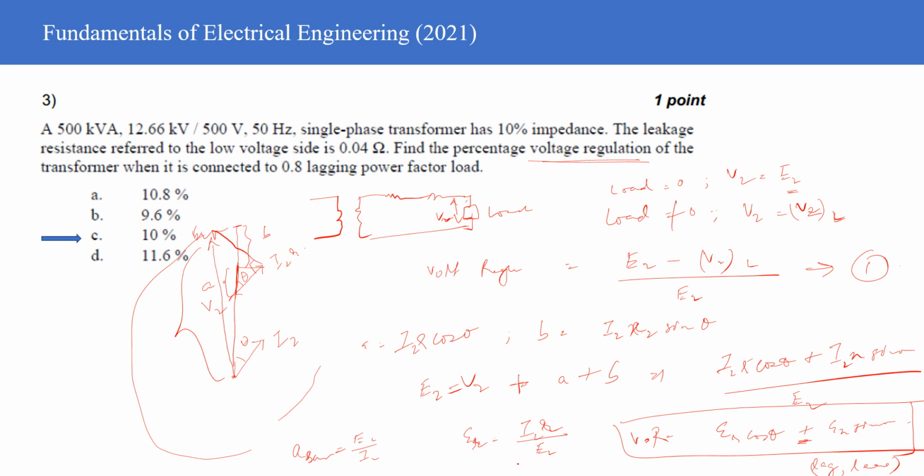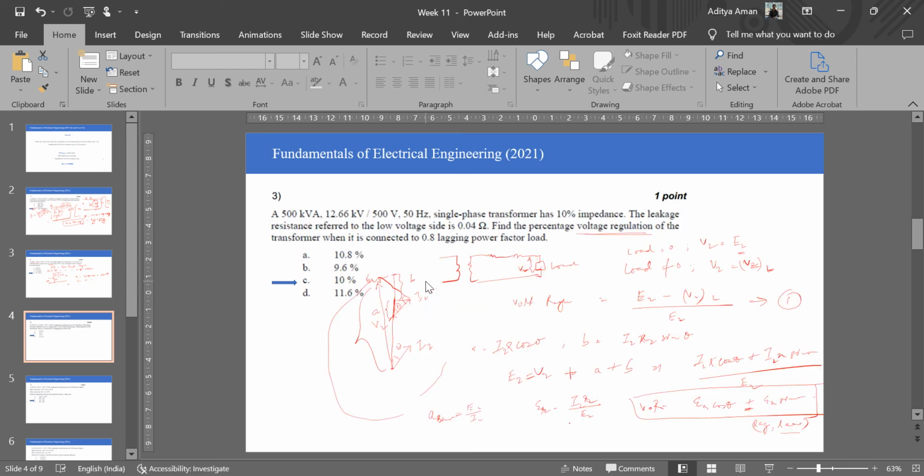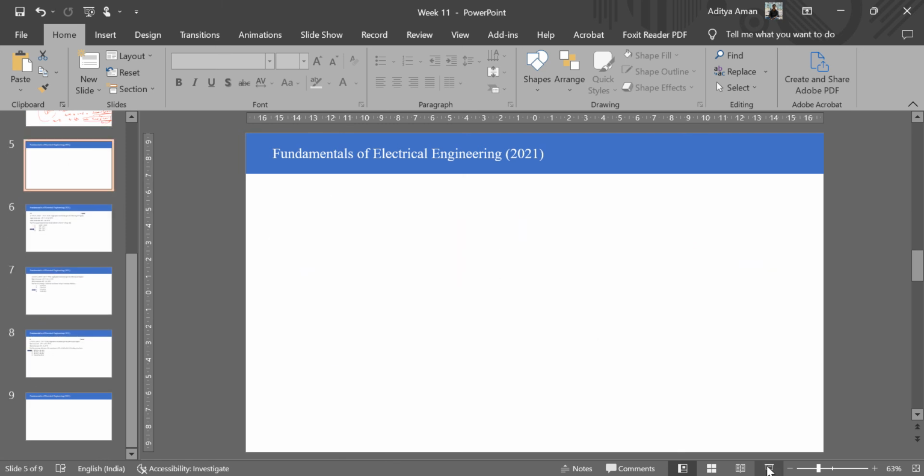Now with the advantage of this, if you have this particular formula with you, you can try to figure out the solution of this question. So let's try to address that. Okay, let me introduce a new slide over here. Just 1 minute.